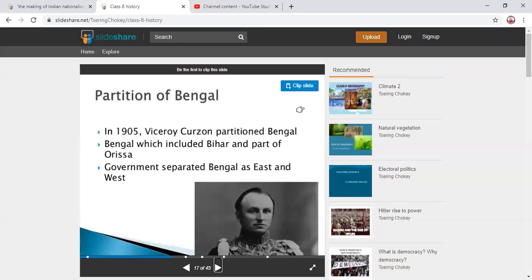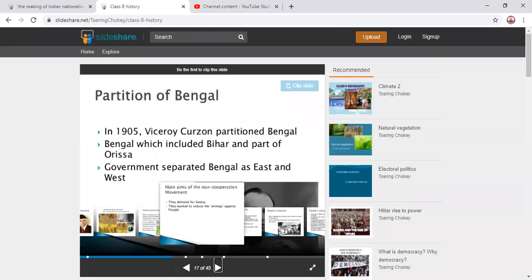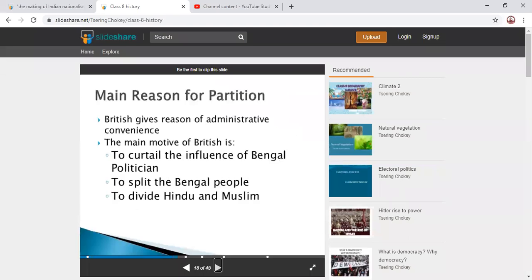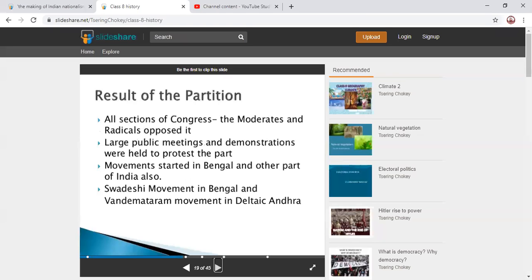To reduce the impact of the Indian National Congress among people, Bengal was finally partitioned in 1905 by Viceroy Curzon. Lord Curzon divided Bengal into such parts.